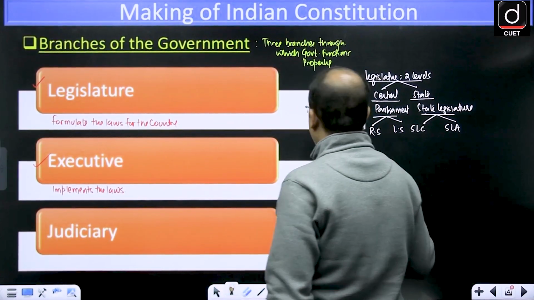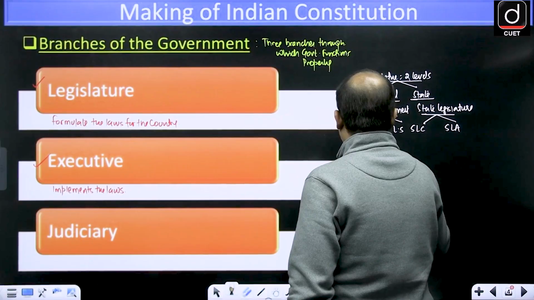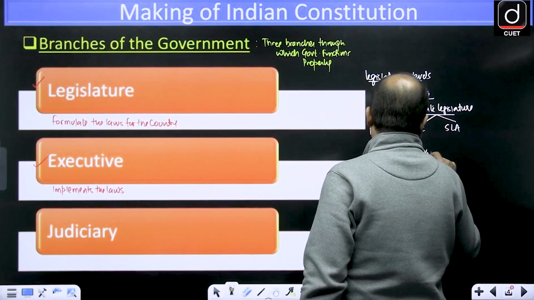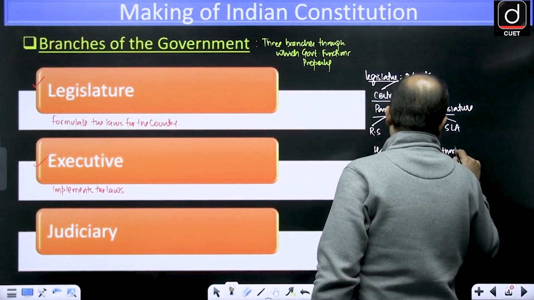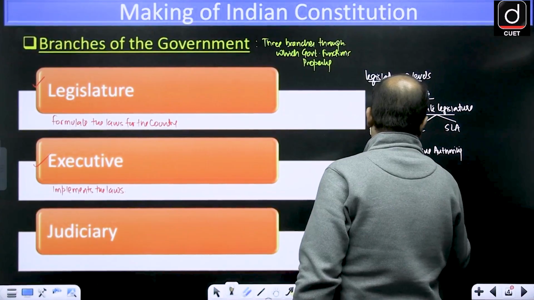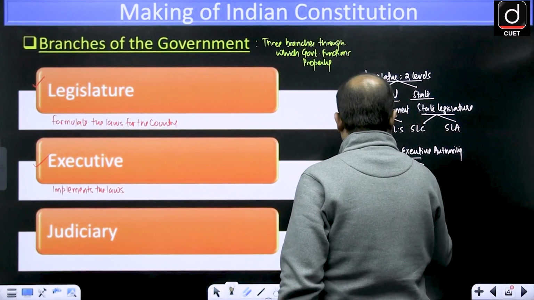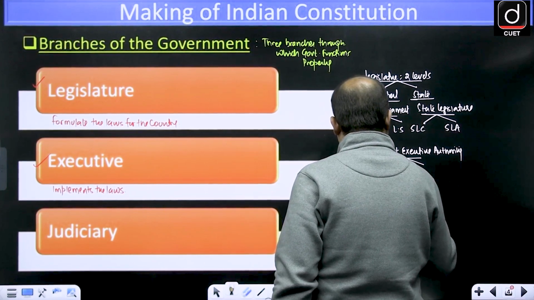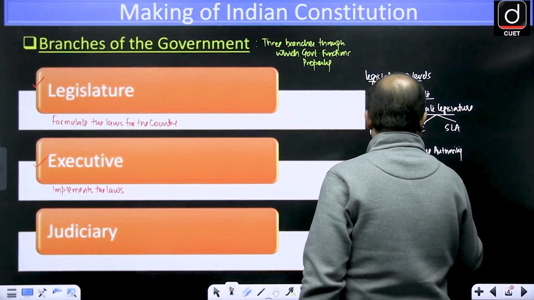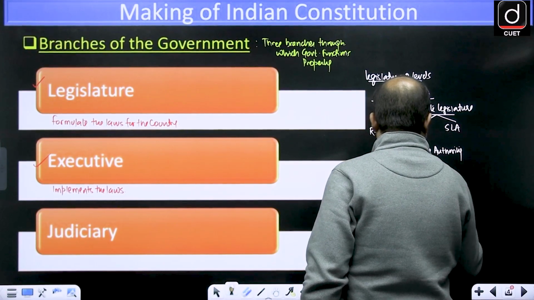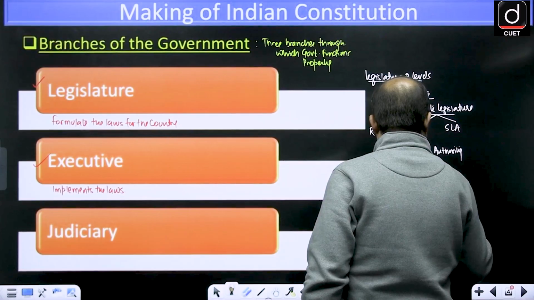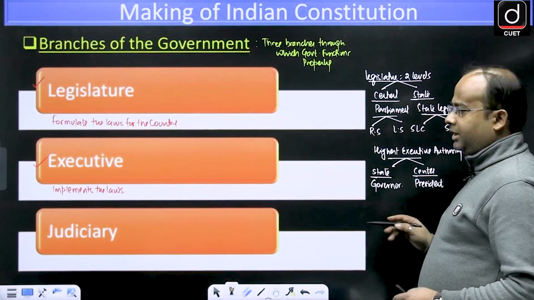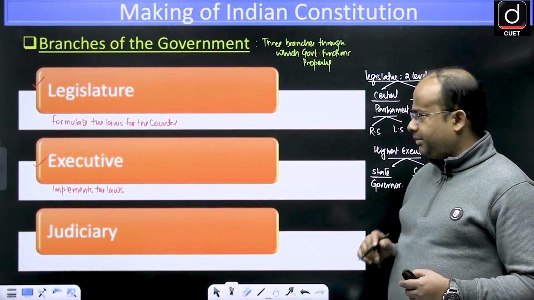The highest executive authority at state level is the governor, whereas at center it is the president.